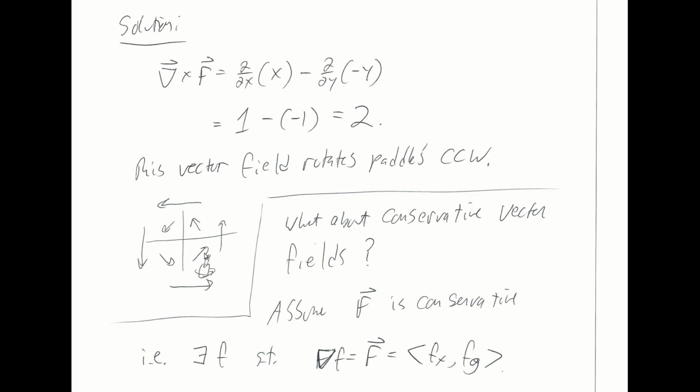But their magnitude is smaller than these vectors on the outside of the paddle, and so the vectors on the outside of the paddle win in the push-pull fight, and this paddle tends to rotate in a counterclockwise manner. We are seeing a positive curl of 2 everywhere for this vector field.